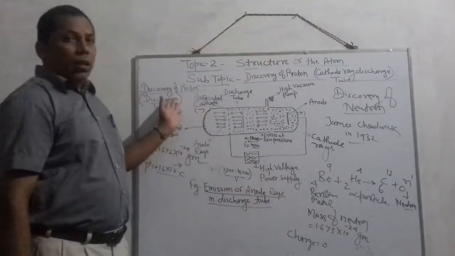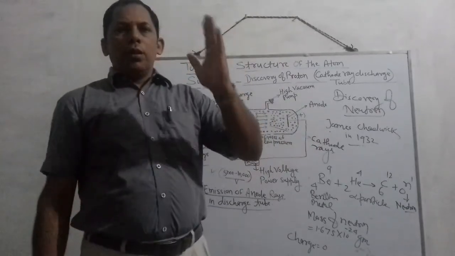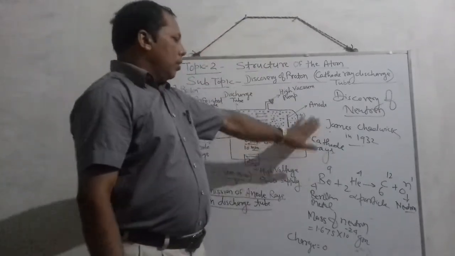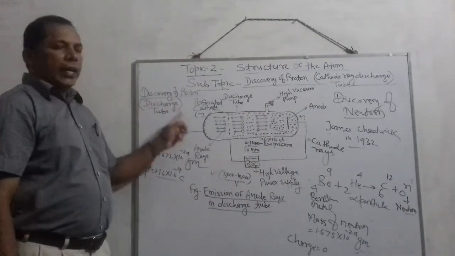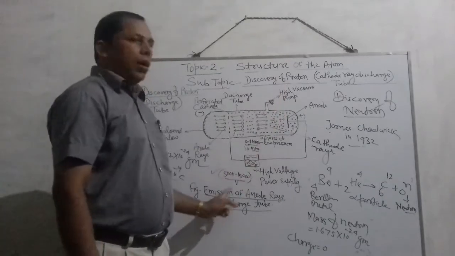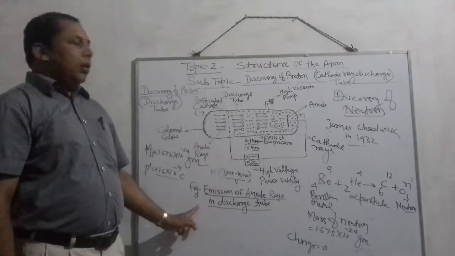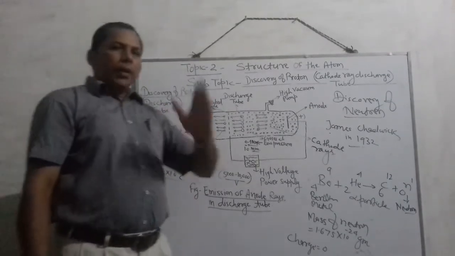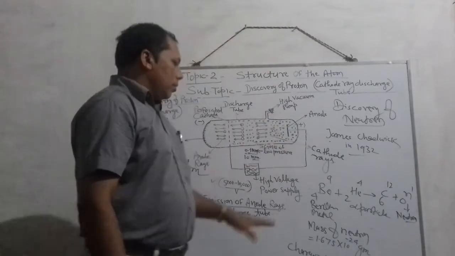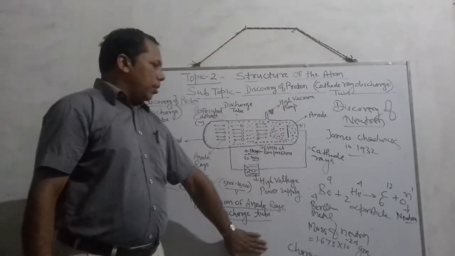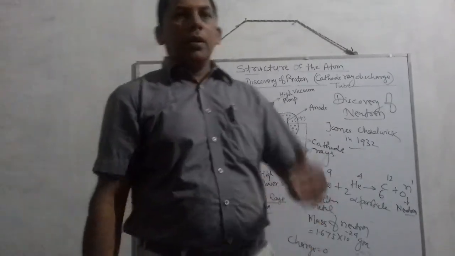So these are the subatomic particles, electron, proton and neutron, and these are the manners in which they were discovered. So you must remember them, along with the main differences between electron, proton and neutron. Now one more point: what are the properties of the subatomic particle neutron?